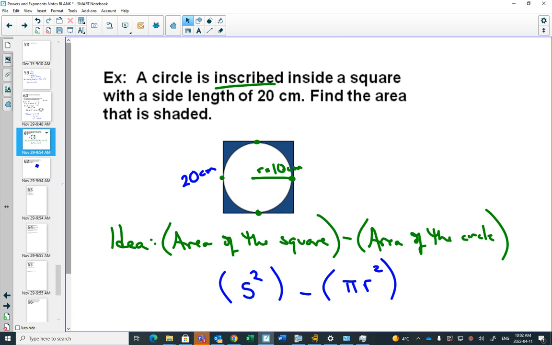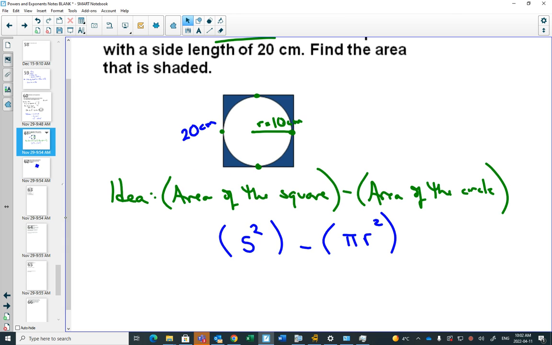So now we can plug things into our formula, and this idea of substitution that we've done before comes into play now. So here, this will be 20 squared minus pi, and the radius is 10.